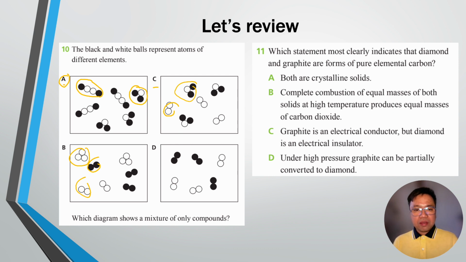Diagram D depicts groups of two black balls bonded together and groups of two white balls bonded together. Rather, this suggests that they are both elements, so it's not just a mixture of compounds. It is a mixture of elements.